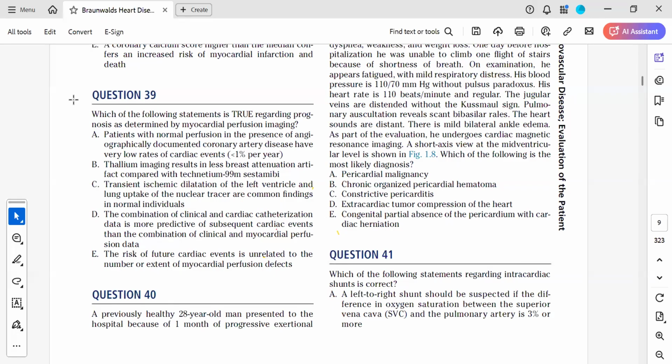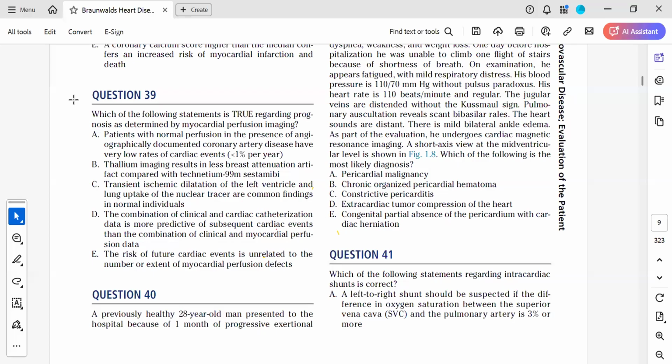So the first option saying a left to right shunt should be suspected if the difference in oxygen saturation between the superior vena cava and the pulmonary artery is 3% or more is false. I think for this option it should be about 8%.